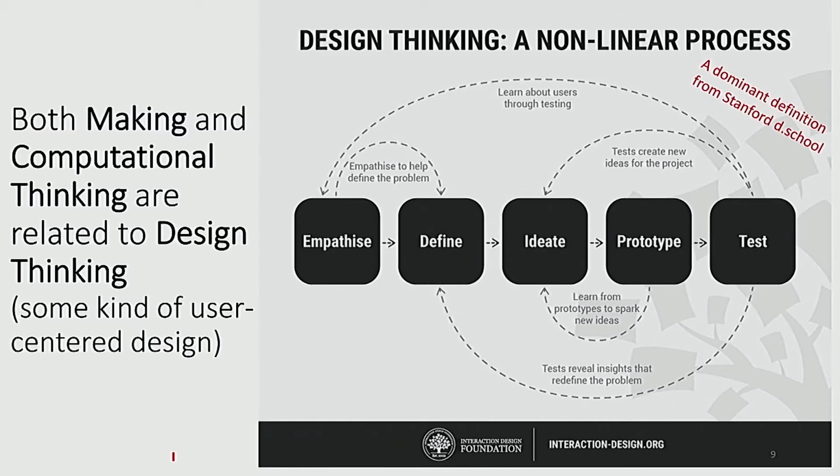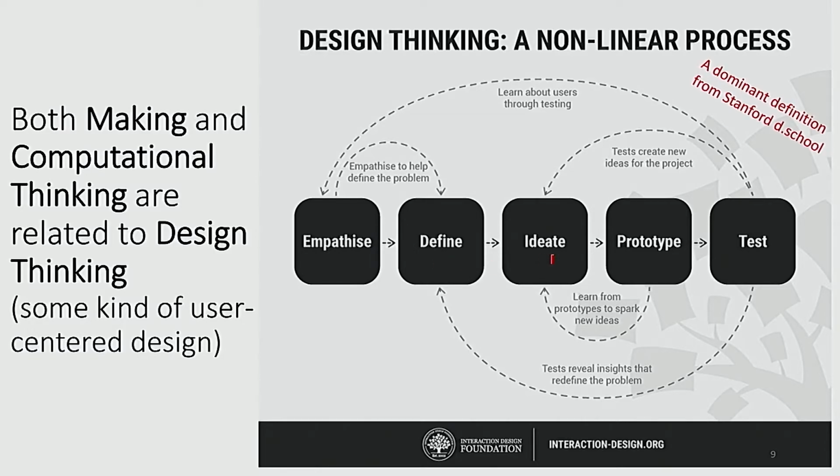Both computational thinking and making have something in common. And this something in common can be called design thinking. You have to be careful with that term. Design thinking is now used and abused by many people. And it's just another word for Scandinavian user-centered design. There is no difference between that. It's just a new way of saying that if you want to use the computer to get something done, especially a weakly defined problem, you should empathize with the problem, think about it, and at some point be able to define what you want to do or what doesn't work.